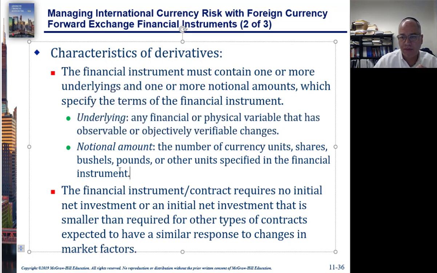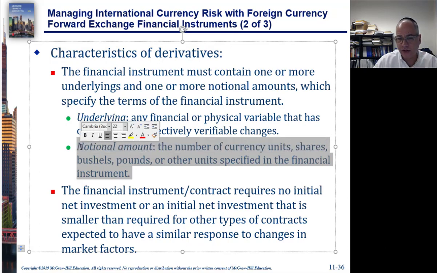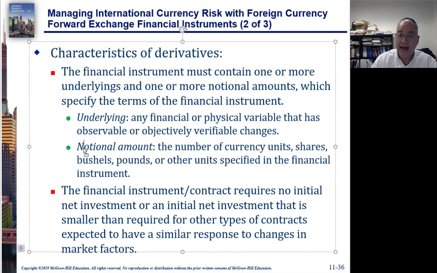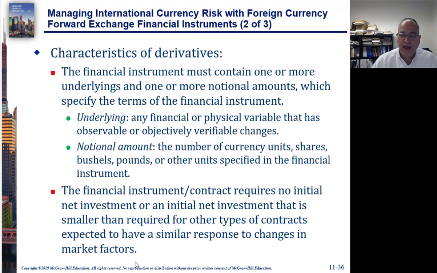And then the notional amount would be how many dollars you need to pay and how much jet fuel you're going to get in exchange for that. And the financial instrument could be set up in such a way that this is the average price that's expected to be valued for the jet fuel in, let's say, 3 months.